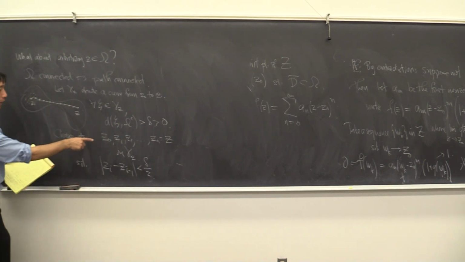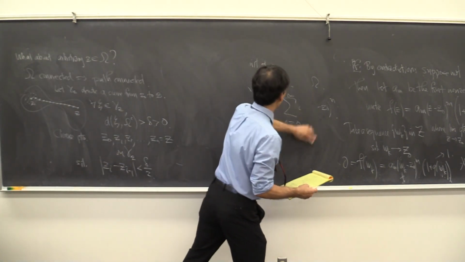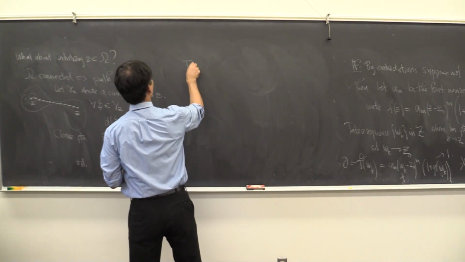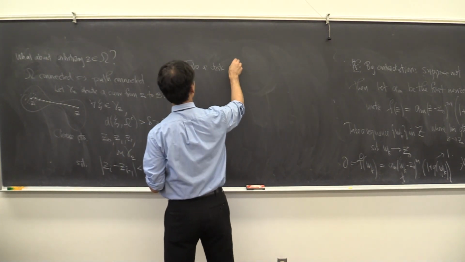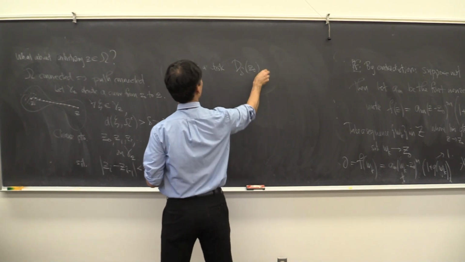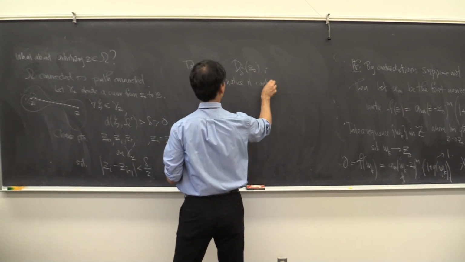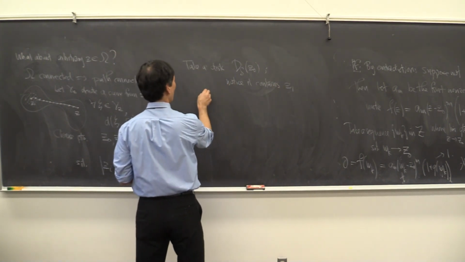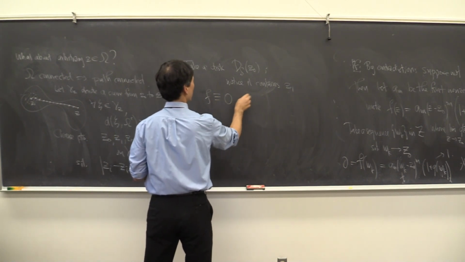So let me write this out. Take a disk of radius delta about z0. Notice it contains z1. And we already know that the function is 0 inside there.